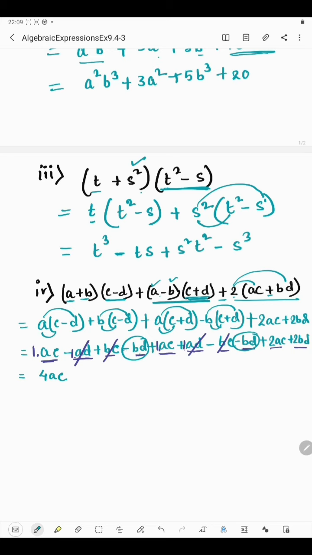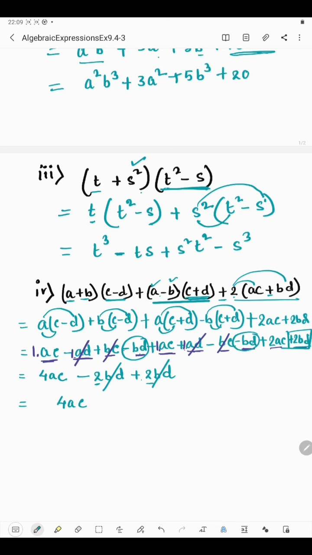So minus 1 minus 1 is minus 2. So we'll be getting minus 2BD, and with this we will just subtract plus 2BD. Okay, here is plus 2BD. Now see here, opposite sign. So that means we will be doing subtraction, and here is 2 and here is also 2. So 2 minus 2 is 0. So it will be cancelled. So the answer of the fourth part will be 4AC.